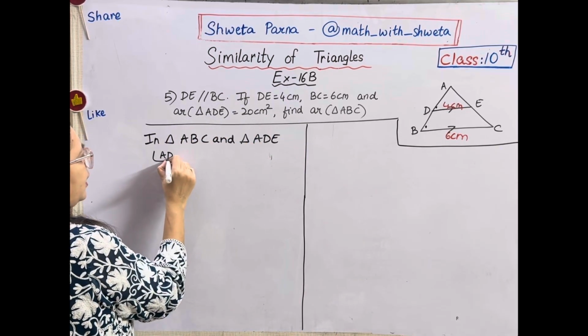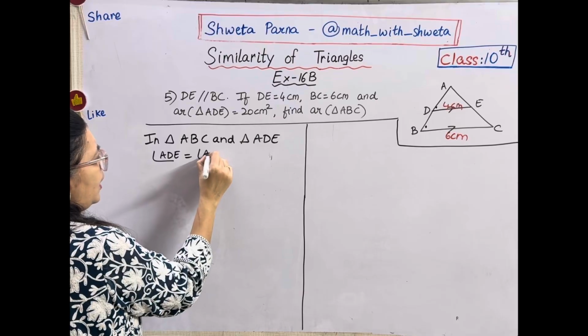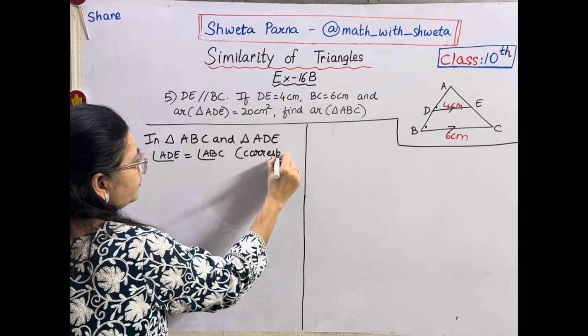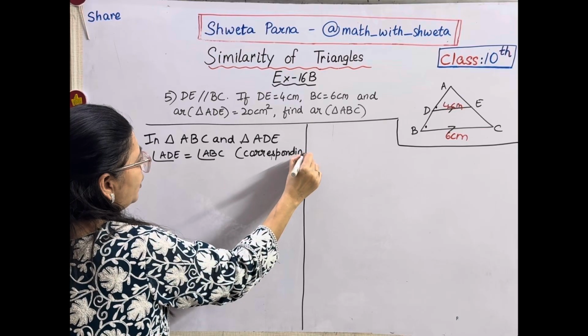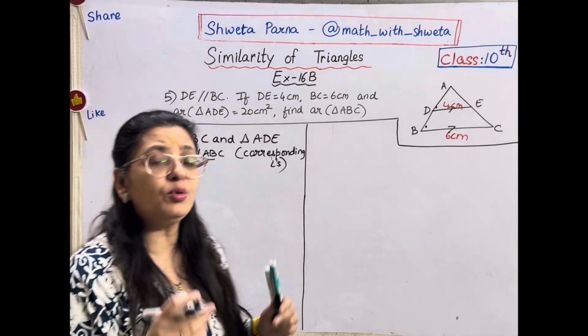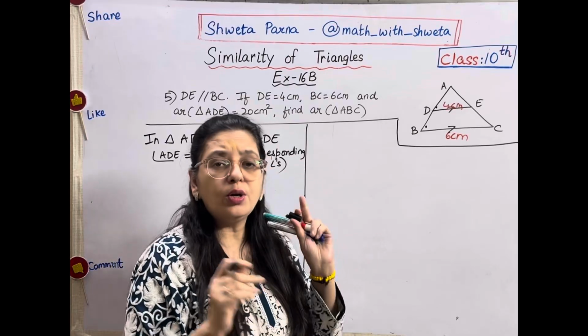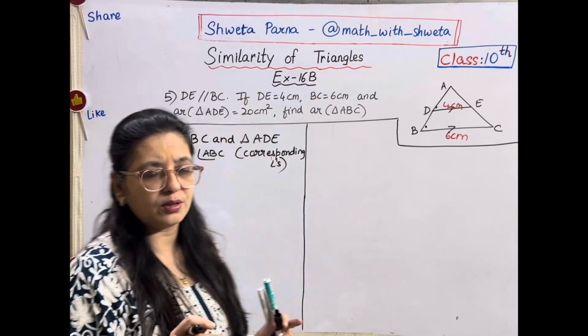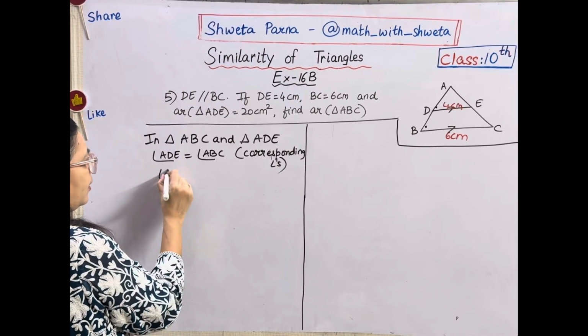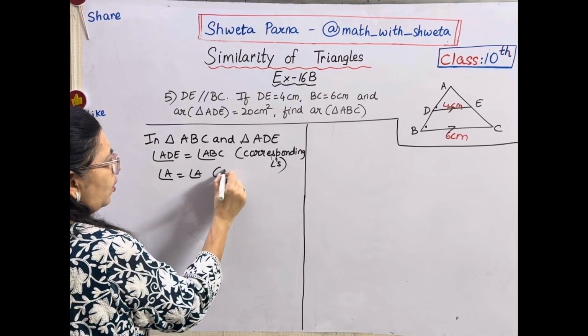Angle ADE is equal to angle ABC, corresponding angles. Children, whenever you are making use of corresponding angles, alternate angles, you can make use of it only when two sides are parallel to each other. Then angle A will be common in both. Angle A is equal to angle A, common angle.